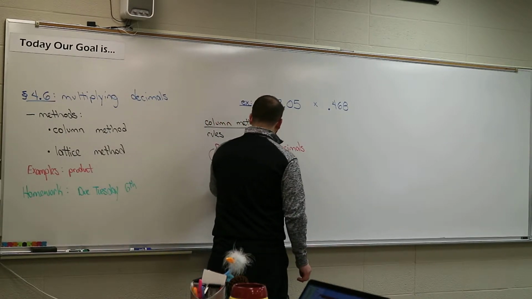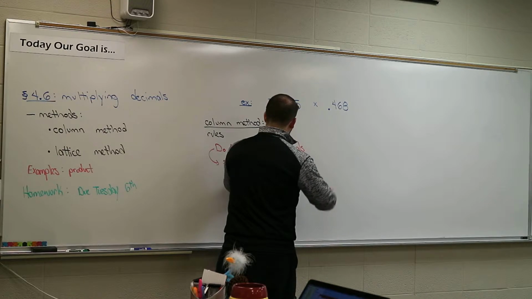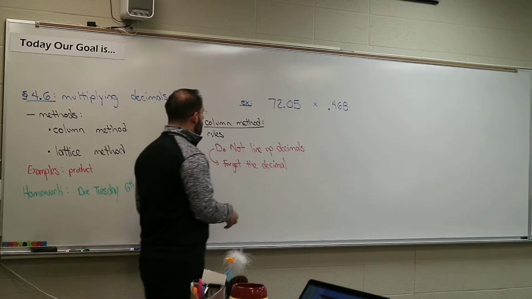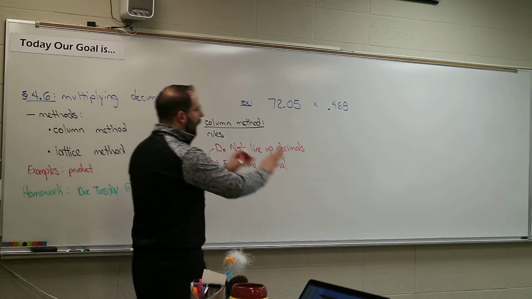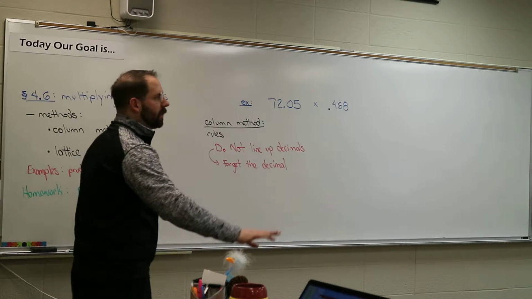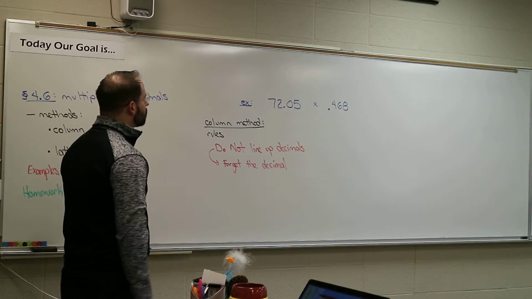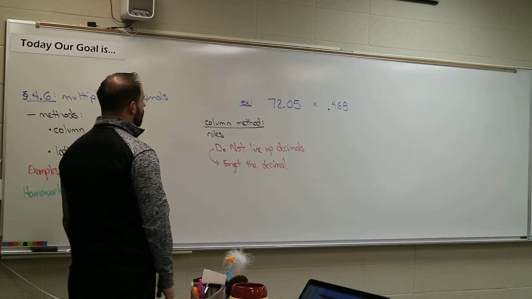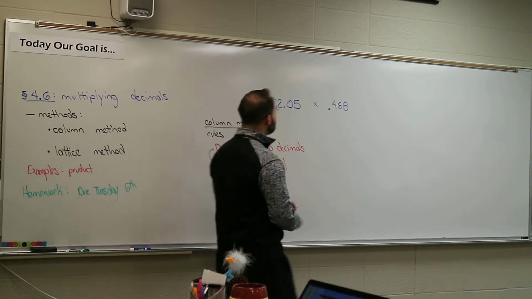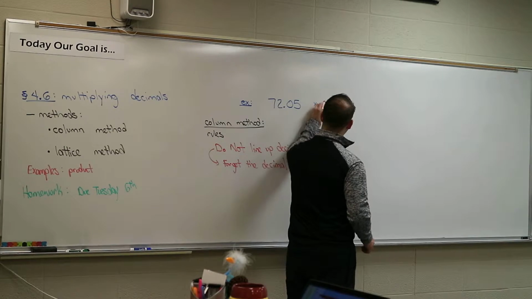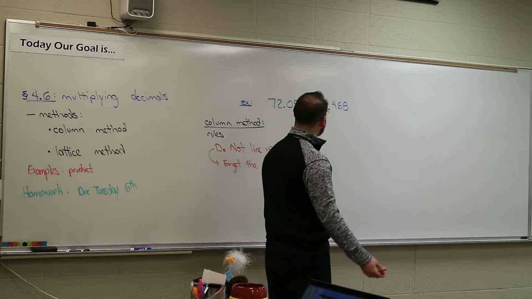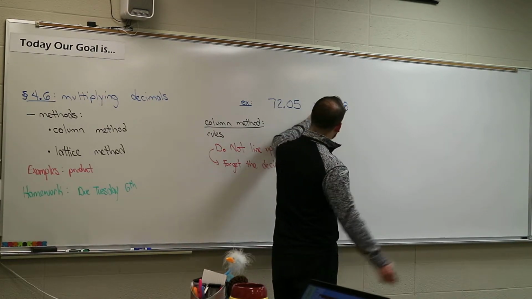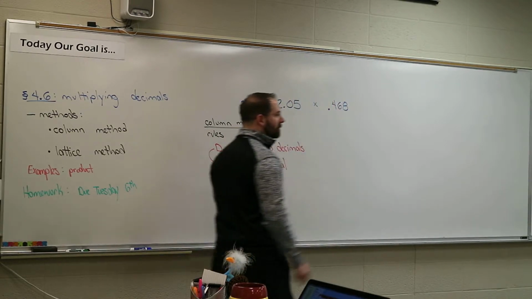When you write down your problem, I would always write down the original problem before I start. But when you go to the column, don't even put the decimal in there, so you don't accidentally fill in zeros where you don't need them. On this problem, there is a 0 in front of that decimal. I don't need it, because I'm going to forget the decimal anyway.